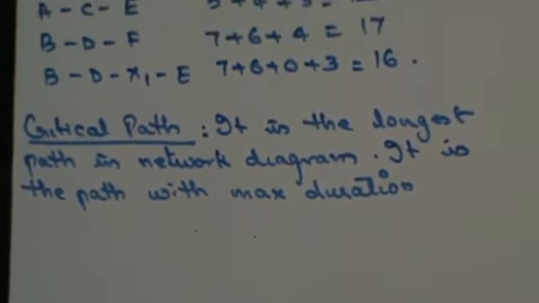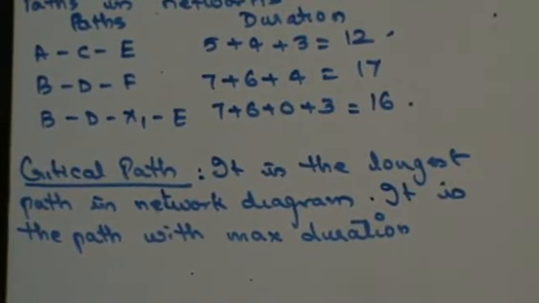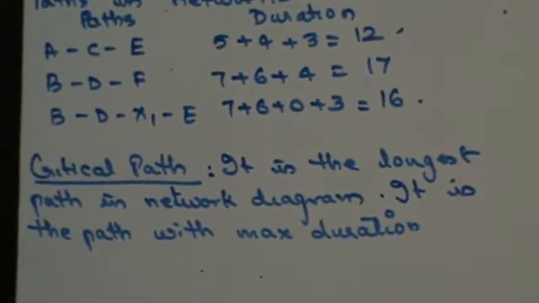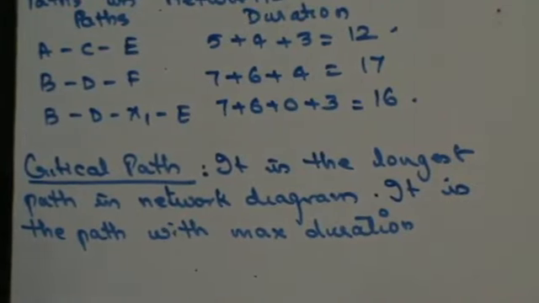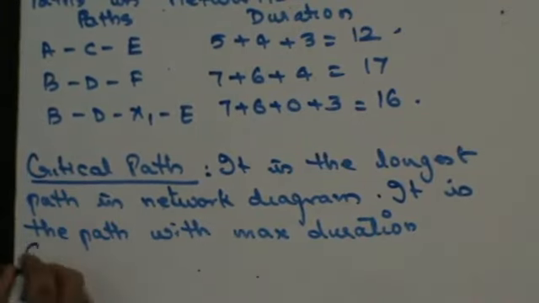Hence, my critical path has to be BDF. Out of the multiple paths I have, whichever path takes maximum time is my critical path. Critical path represents the project completion time.